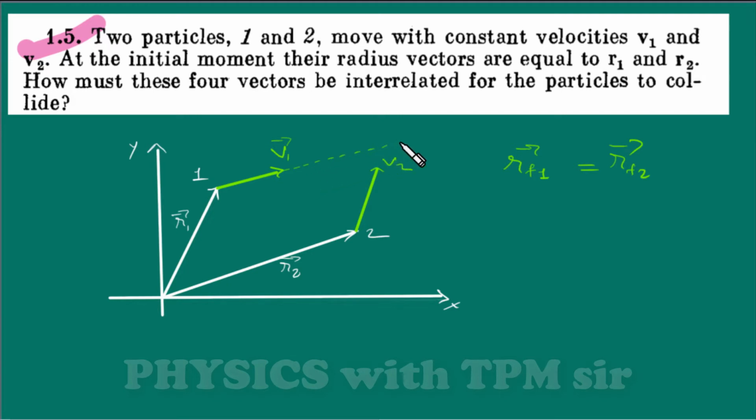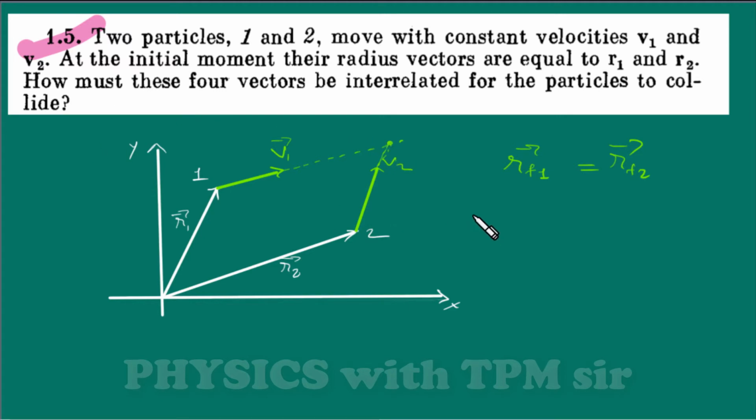Obviously, this particle is going here and 2 is going here, so they will collide somewhere at this point, the intersection of their lines of motion. Only at this point they can collide, right? So their final position will be the same.